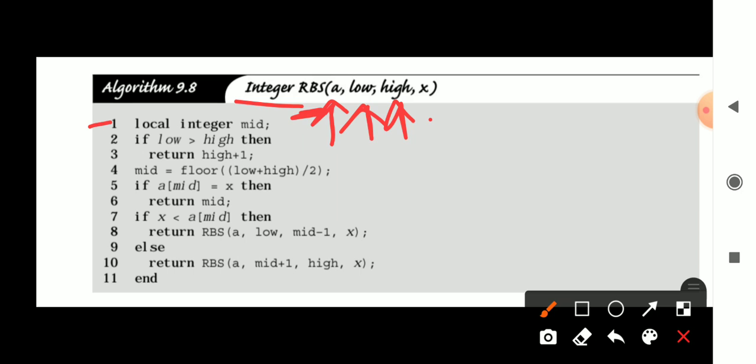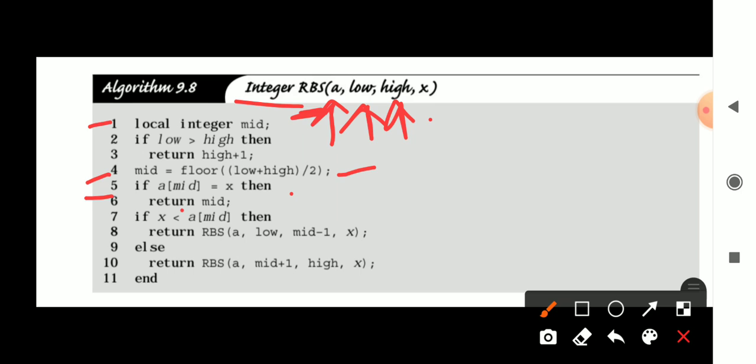If it is not, then we find mid is equal to floor of low plus high divided by 2, which means we find the mid here. If A of mid is equal to X, the mid value is equal to the search value, so we return the mid.